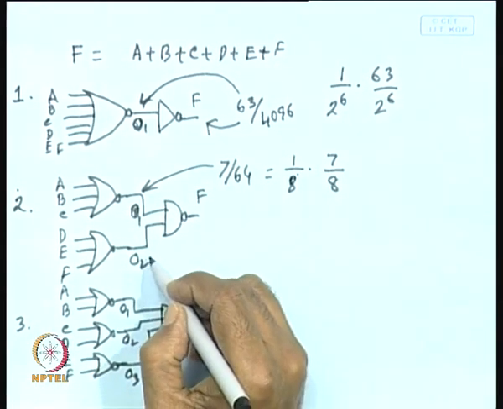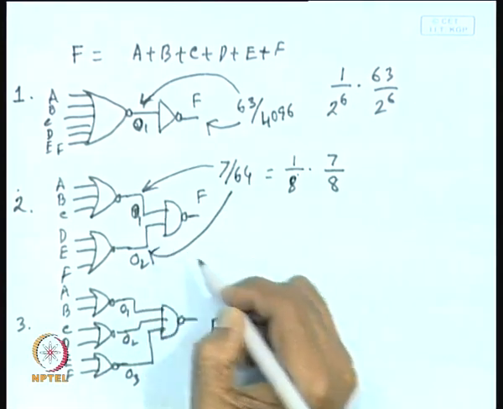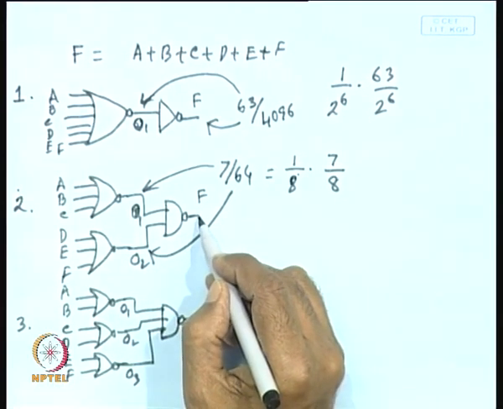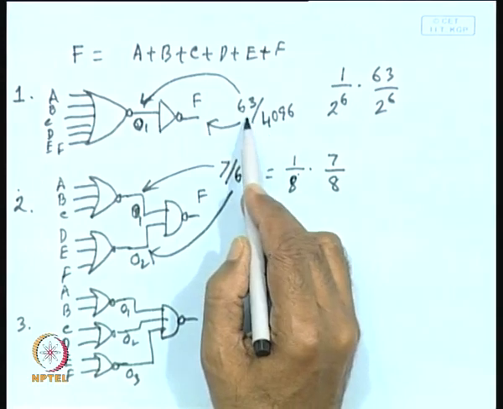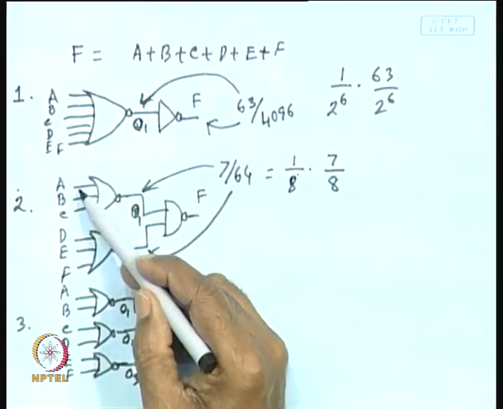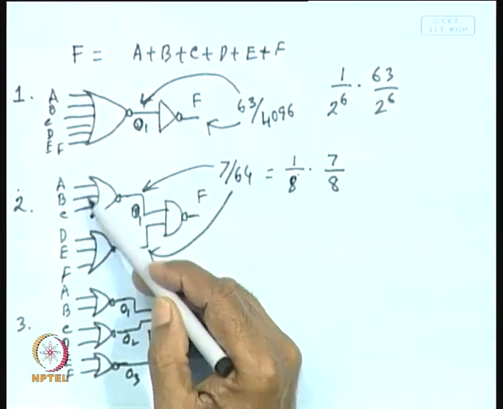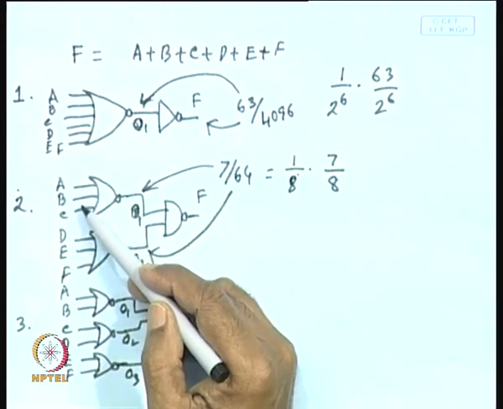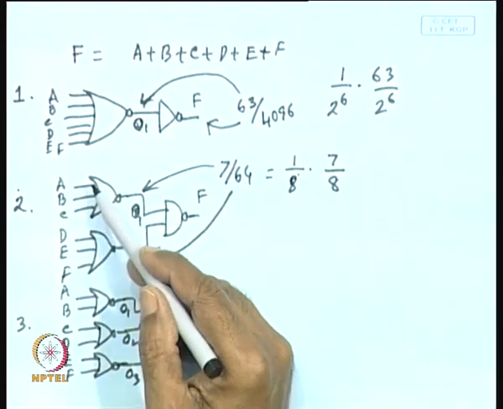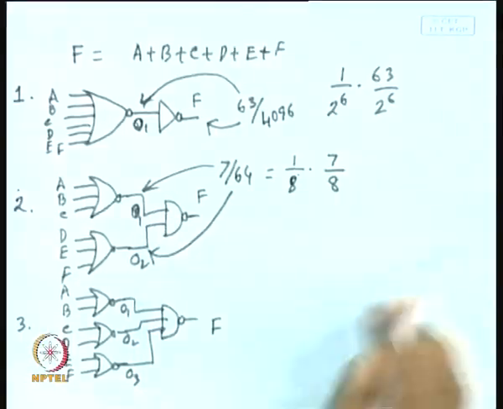So, the same will be the switching activity at this point. However, at this output the switching activity will be the same, 63 by 4096, because these 3 inputs are considered to be independent, assuming that A, B, C, D, E, F all are independent and they have equal probability of becoming 1 and 0, you will get these switching activities.